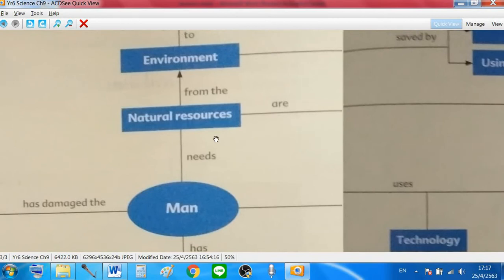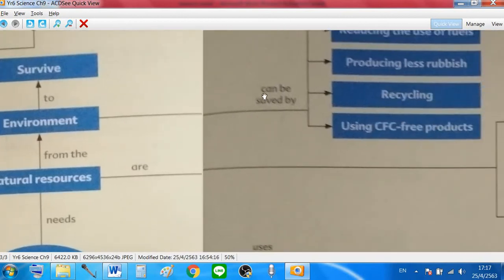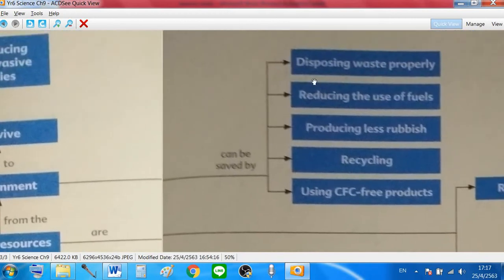So, man needs natural resources from the environment. And we see here, we talked about how to save the environment. The environment can be saved by disposing waste properly, reducing the use of fuels, producing less rubbish, recycling, and using CFC, or chlorofluorocarbons, CFC-free products.